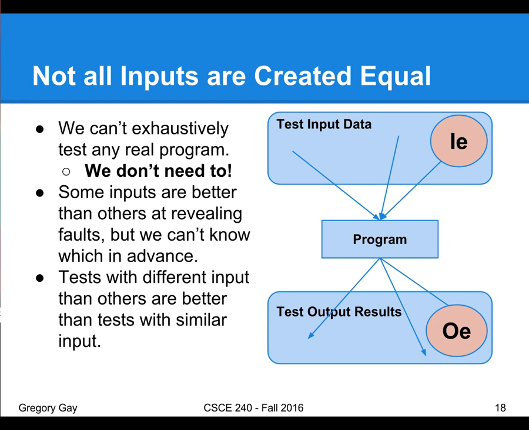And really, the addition's the bottom of the barrel there in terms of complexity. Most individual features are going to end up with quadrillions of possible inputs, and your job from there is to come up with those that are likely to reveal faults, right? So exhaustively trying everything isn't going to work out, but fortunately you don't really need to. The fact is that not all inputs are as useful as others.